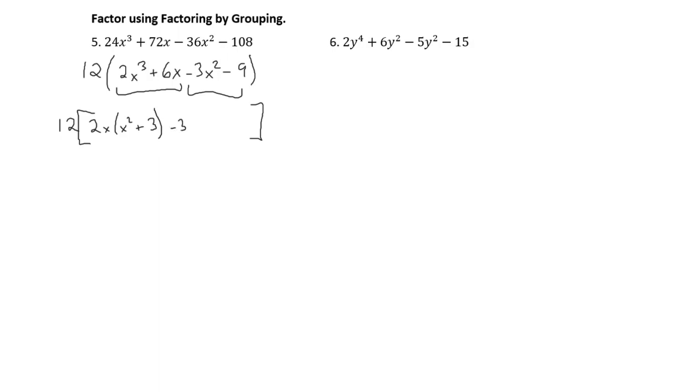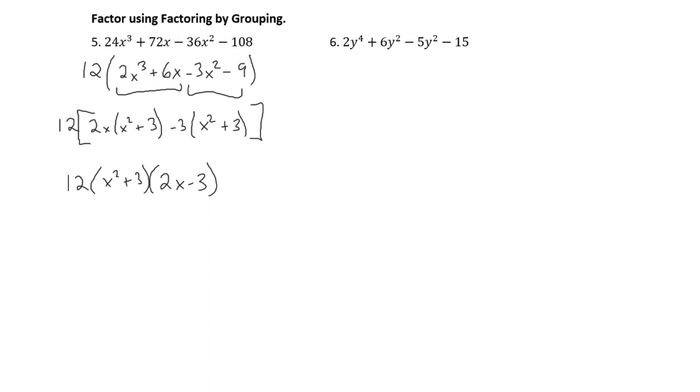Factor out a negative 3, leading term's negative, and I get x squared plus 3. And so now I can put that 12 out in front, and I'm going to shift my two binomials that are the same to the x squared plus 3. And then I'm going to put my 2x minus 3 right there. And again, you can always check using multiplication.